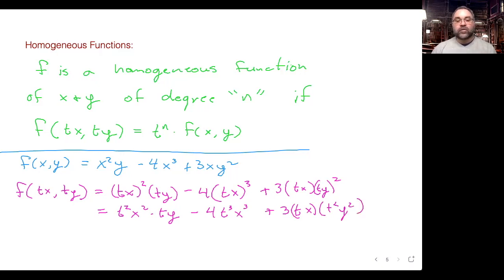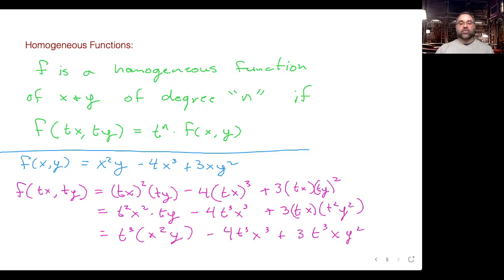Combining the t's, that's t cubed x squared y minus 4t cubed x cubed, and 3t cubed xy squared.